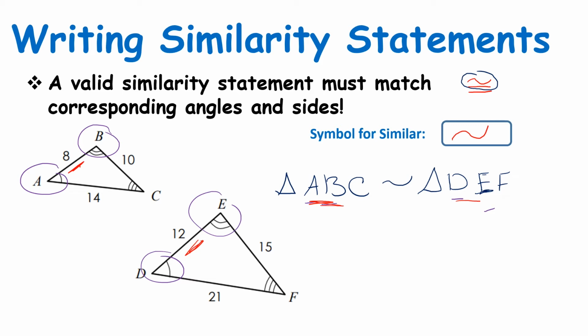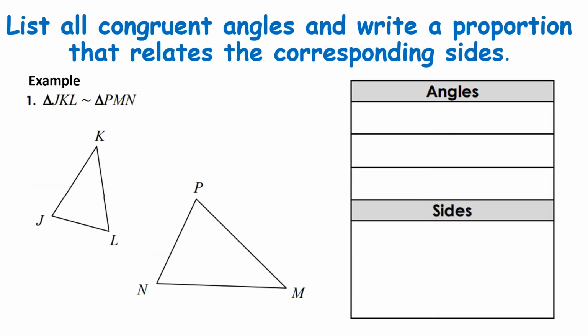So those are corresponding sides, and their ratios are proportional, as we discussed in the previous slide. So for a valid similarity statement, remember that the corresponding angles and sides have to match, or be in the same position.